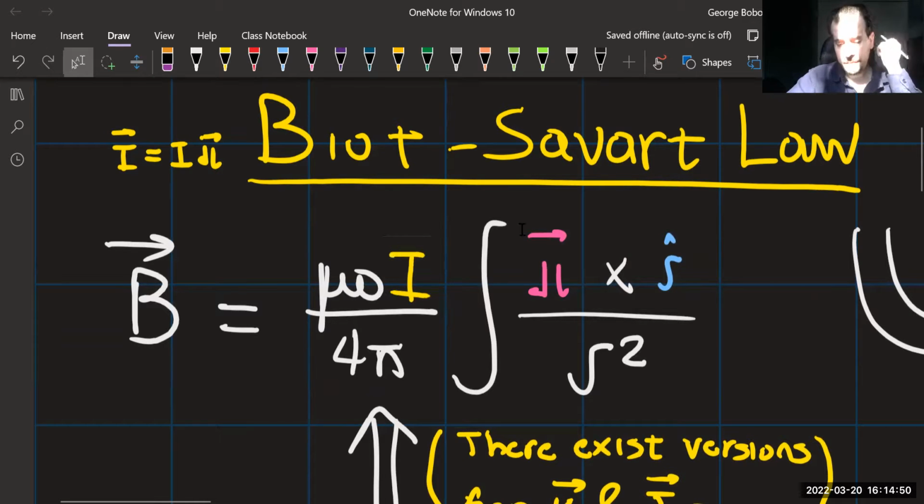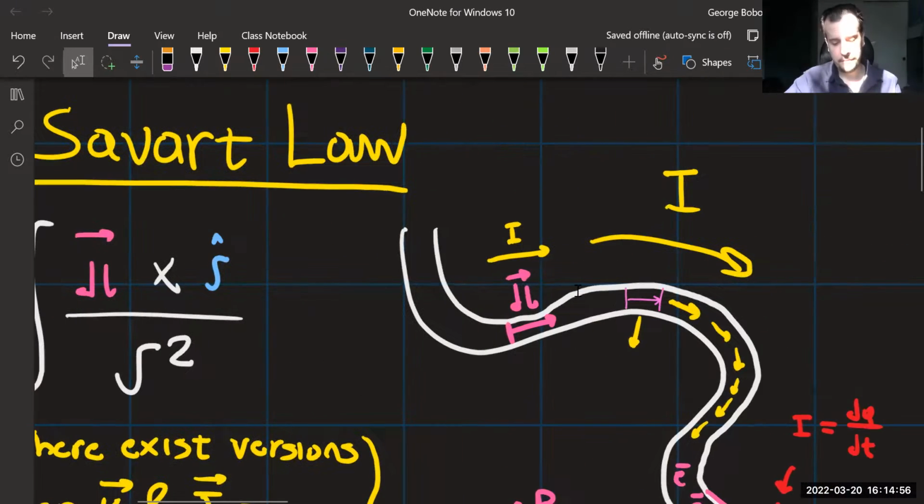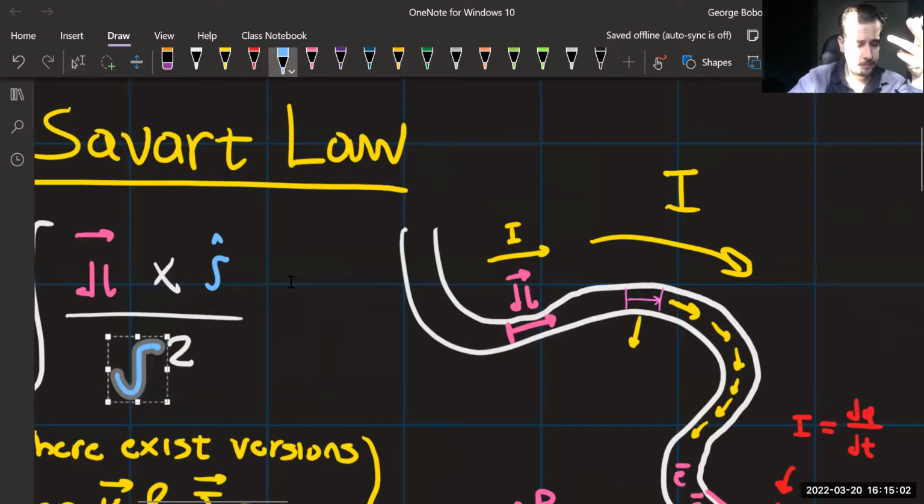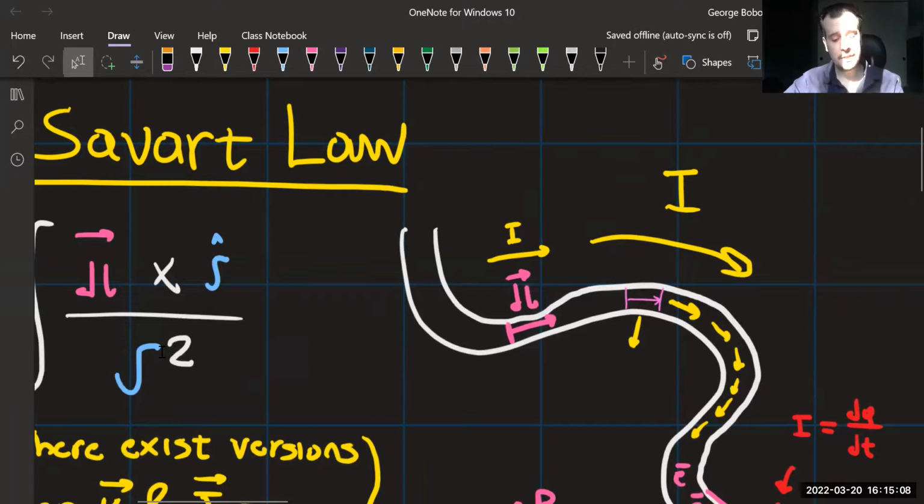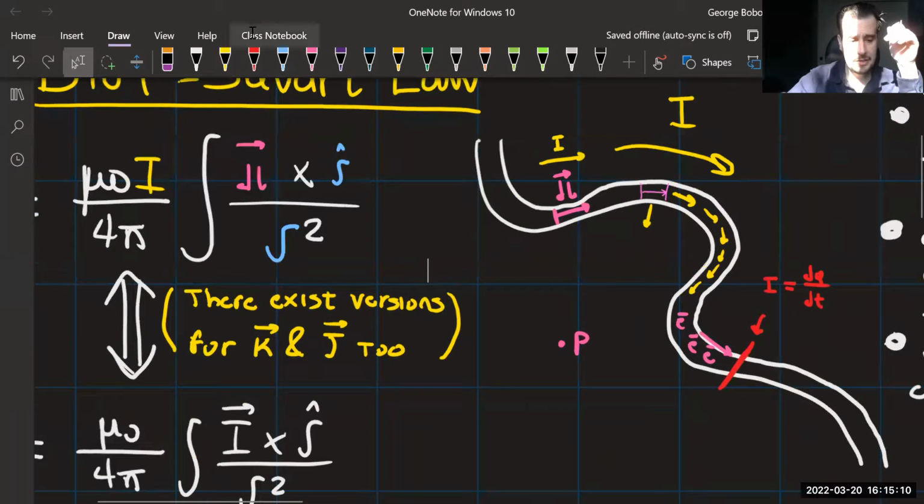So we understand that. And at the same time, it considers a very small chunk of your wire right there. So the r vector now, the big blue here, these are related. We'll talk about them in a second. But the r vector itself connects your considered dL to the actual point of interest.